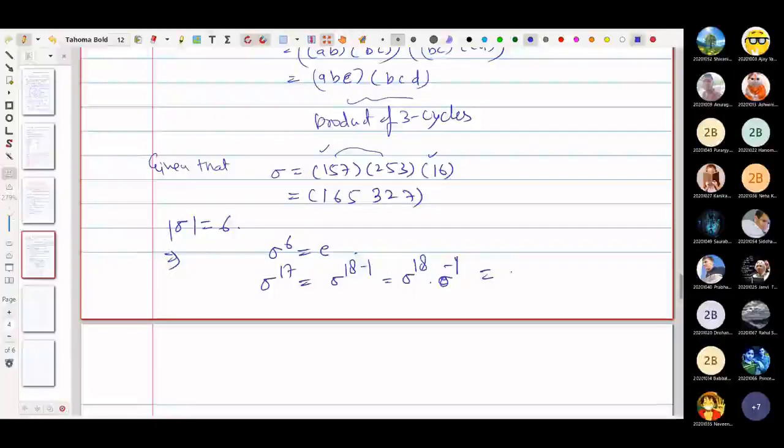Sigma to the power 18 is sigma to the power 6, cubed, which is the identity.